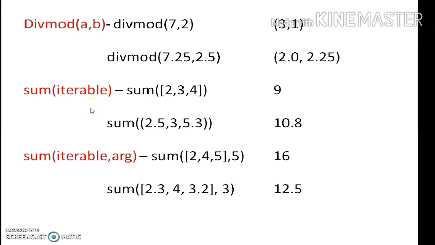Next function is sum of iterable. Sum of iterable means it returns the sum of the items of an iterable from left to right and returns the total. Iterable means in increasing order. Okay, iteration: you know, iterations are 0, 1, 2, 3 till the number will repeat.